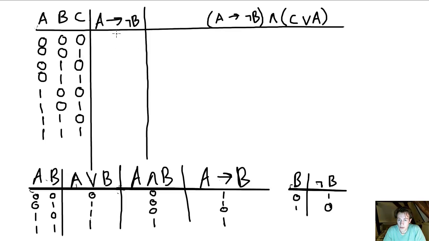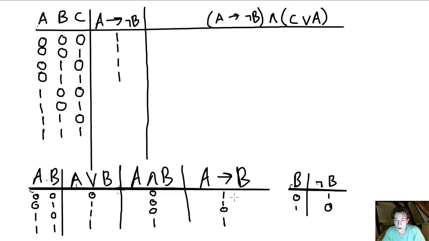So that means that it doesn't matter what B says. Okay, now comes the tricky part. B turns around because it's inversed. So this 0 of B is now a 1, and this 0 of B is now a 1, and this 1 of B is now a 0, and this 1 of B is also a 0.